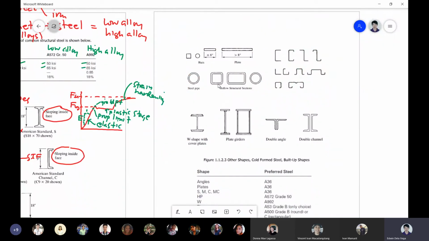No? So these are all hollow structural sections, HSS. These are the plate, the flat bar, round bar, square bar. Okay? These are the cold form. Okay, so these are the cold form. These are very thin, no? Thin sheets or thin plates.